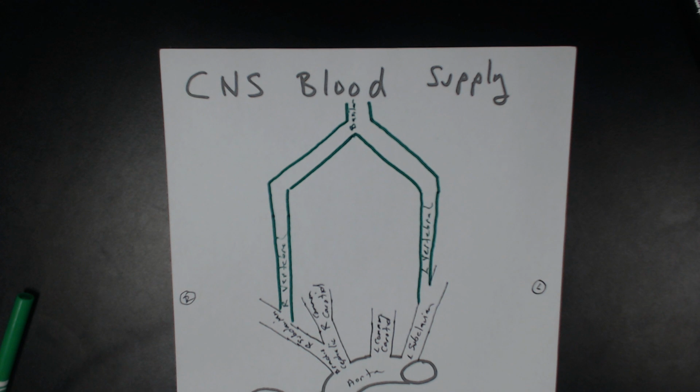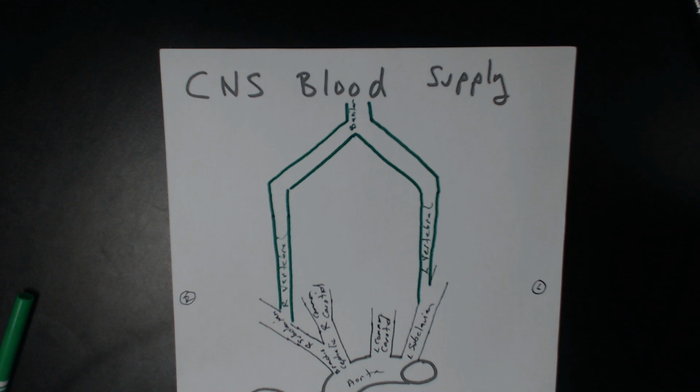Questions about that? Okay, coming off the subclavian, you have your vertebral arteries. Vertebral arteries travel up toward the brain, come together, and form one main artery called your basilar artery. And that's the beginning of the vertebro-basilar system. Good? Yeah, Ellie?